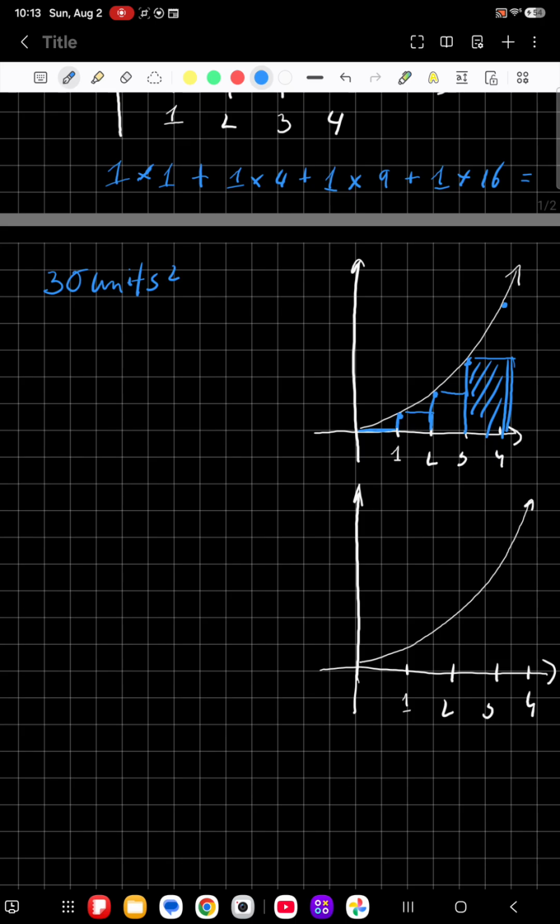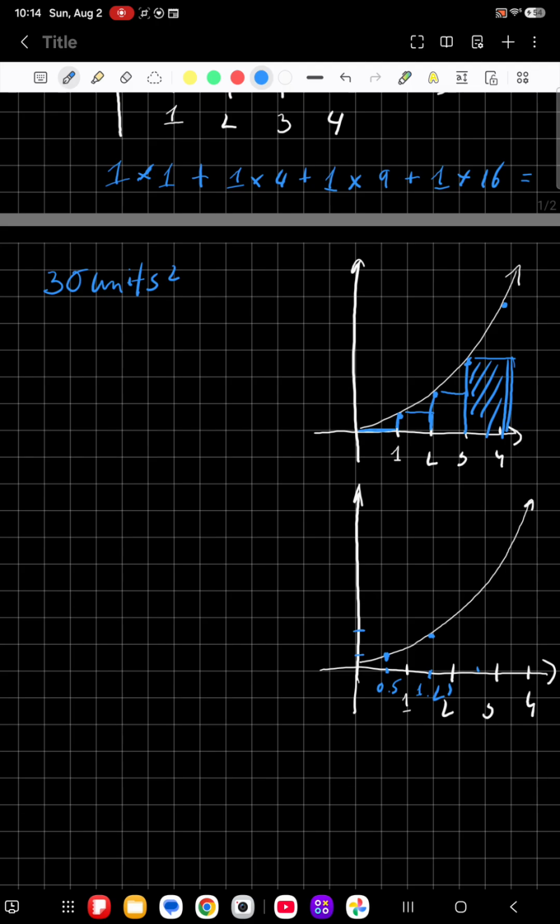I'm not inscribing or circumscribing those rectangles. I'm picking those midpoints between and in those distances. So this is going to be 0.5. This is 1.5, etc., etc. And then we could come up with those heights.